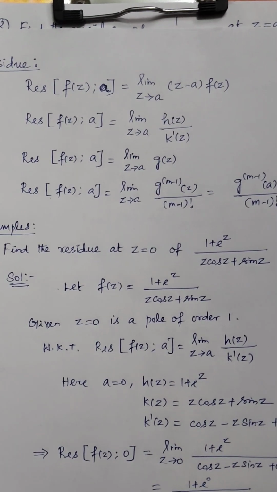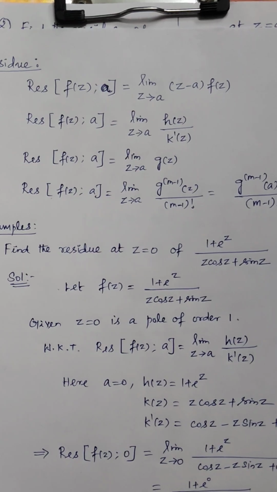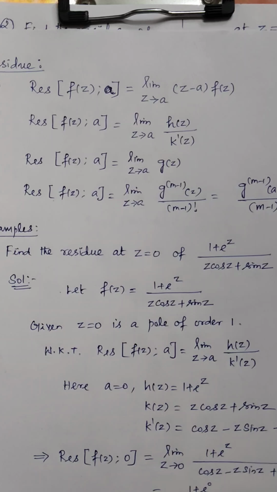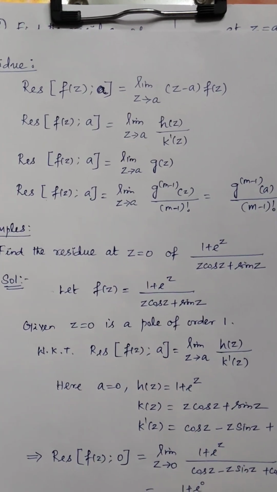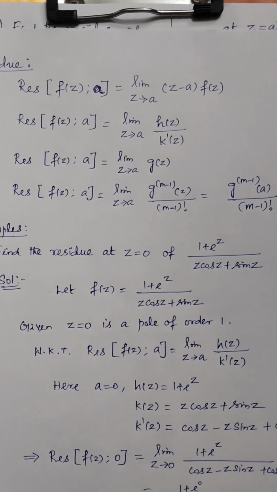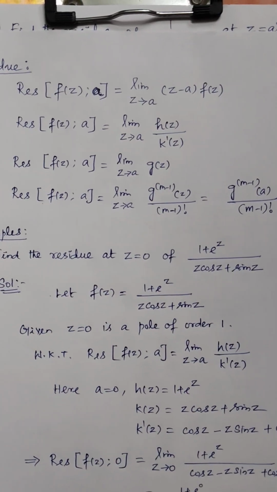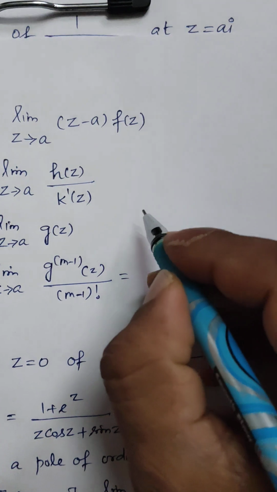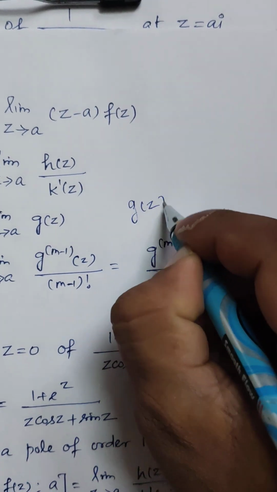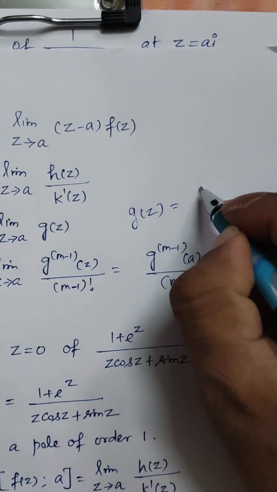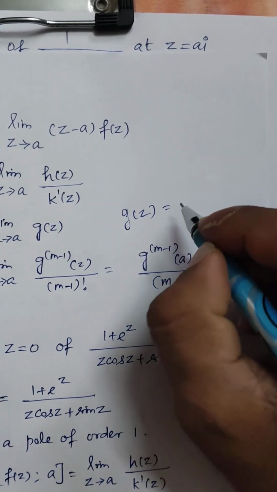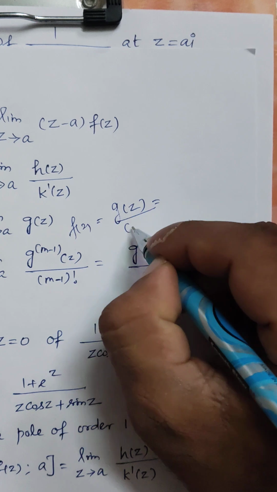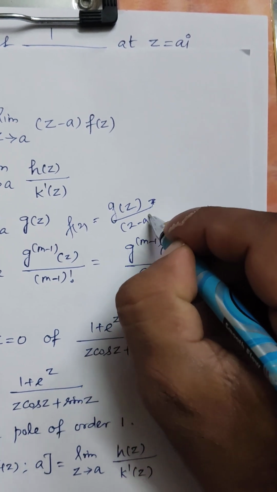The third one is for a function having a simple pole and in the form where f of z is equal to g of z divided by z minus a.